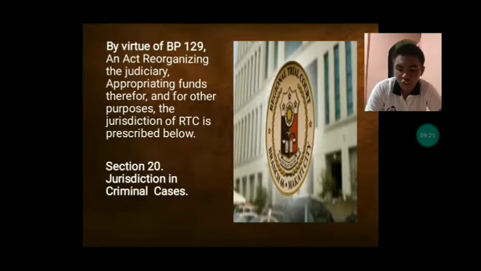Regional Trial Courts shall exercise exclusive original jurisdiction in all criminal cases not within the exclusive jurisdiction of any court, tribunal, or body, except those now falling under the exclusive and concurrent jurisdiction of the Sandiganbayan, which shall hereafter be exclusively taken cognizance of by the latter.